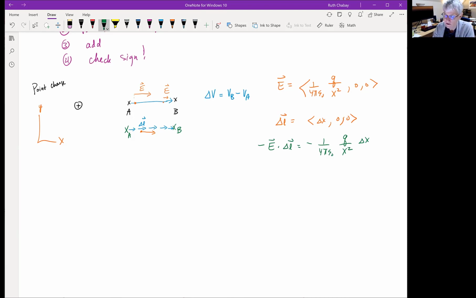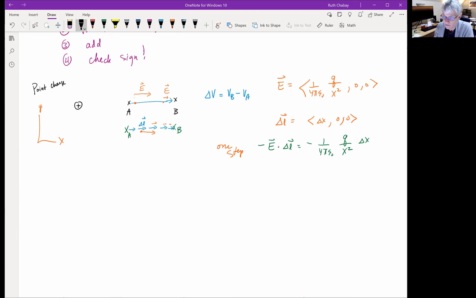And that's going to be true at any location X along the path. What we'd have to do is add all these up, one step at a time. But we can convert this to an integral just by letting delta X get really small.